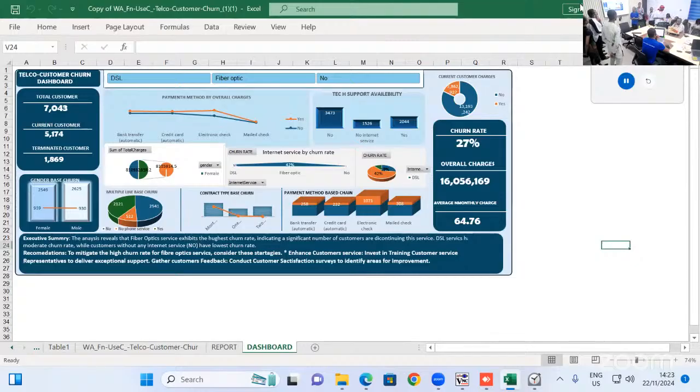Then, because we were given requirements, in order for us to get our dashboard, please go to the requirements.